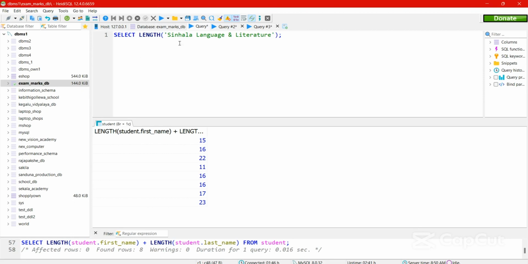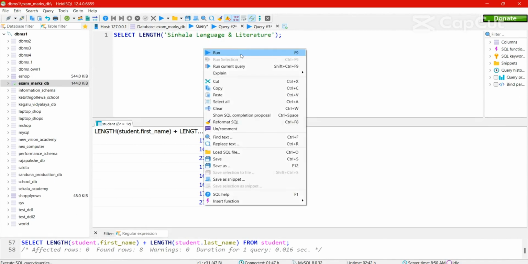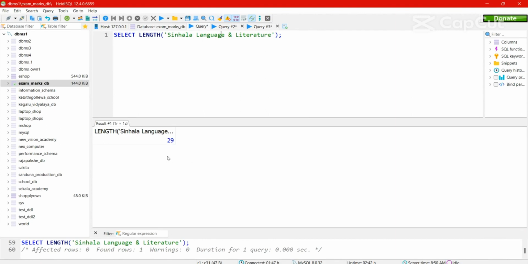When we look at the question again, they have told us to find out the length of the particular word they have given. So we need to find out the number of characters in this particular word. Let's execute. You can see here there are 29 letters in this word. That's what we have found out using this query.